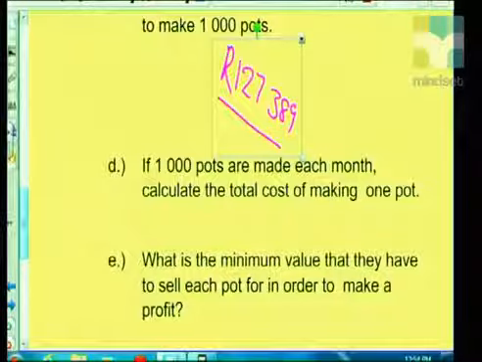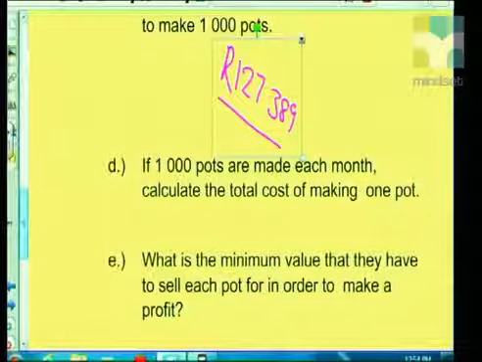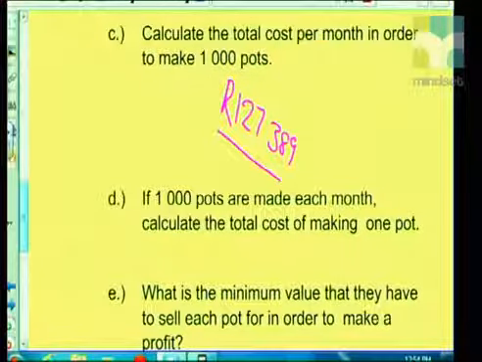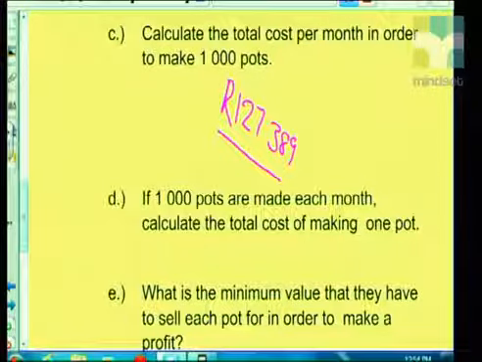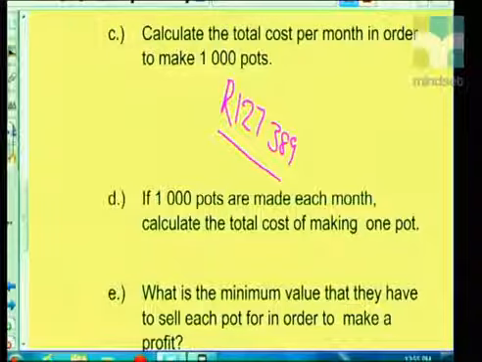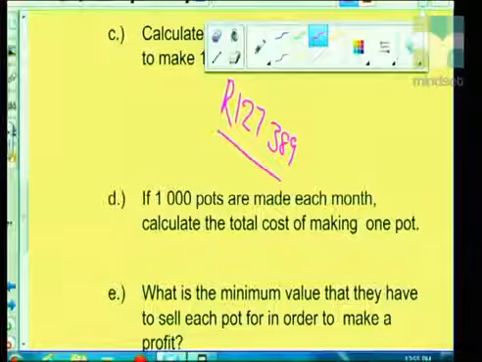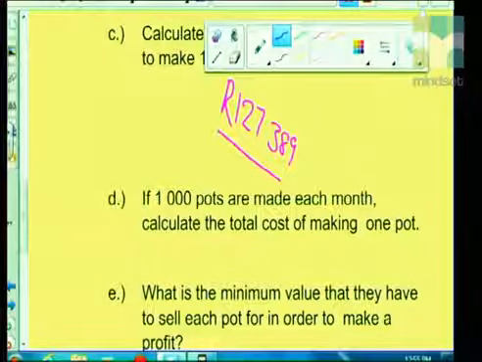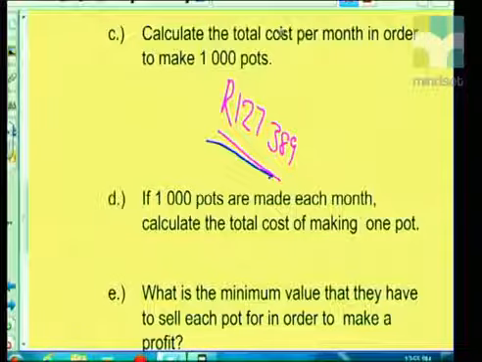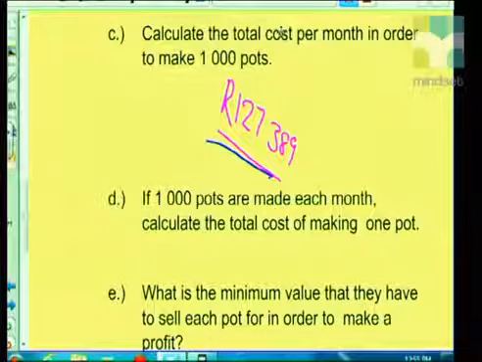It says, if 1,000 pots are made each month, calculate the cost of making one pot. So now, what we've got to recognize here is that 1,000 pots are going to cost that, and that's taking in all the costs, all the expenses, everything has gone in there.